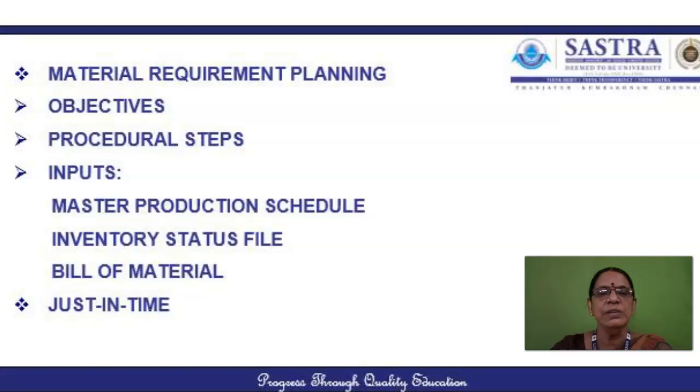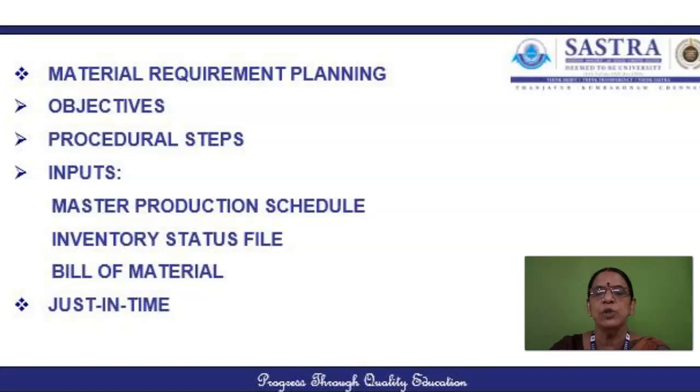Coming to the inventory status file. Every inventory item being planned must have an inventory status file, which gives complete and updated information on on-hand quantities, gross requirements, scheduled receipts and planned order releases for an item. It also includes planning information such as lot sizes, lead times, safety stock levels and scrap allowances.